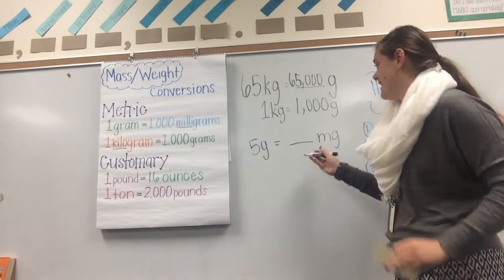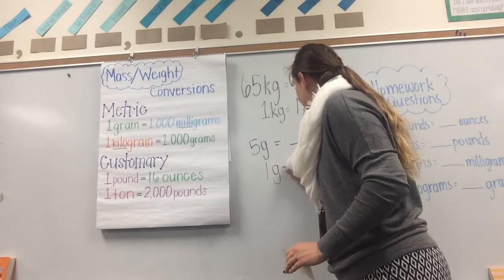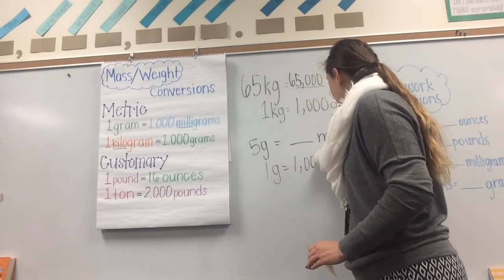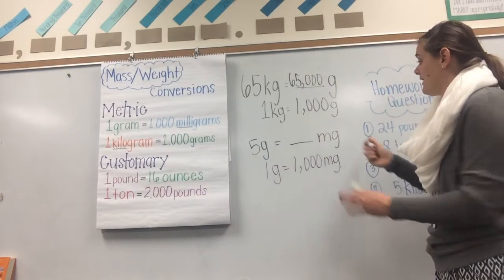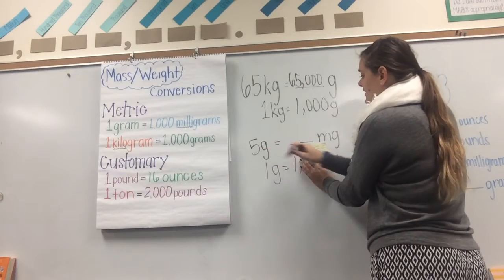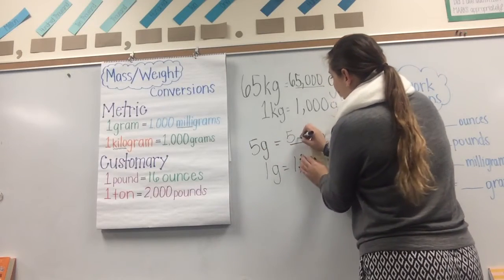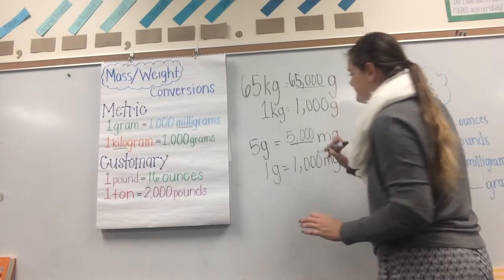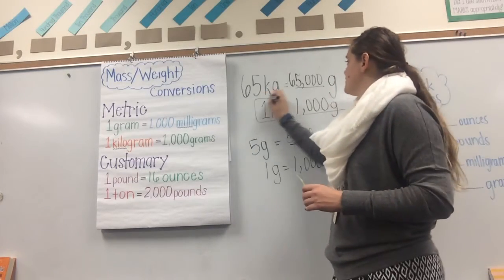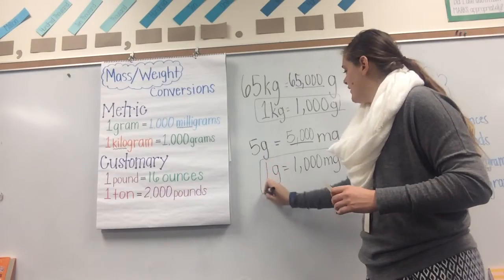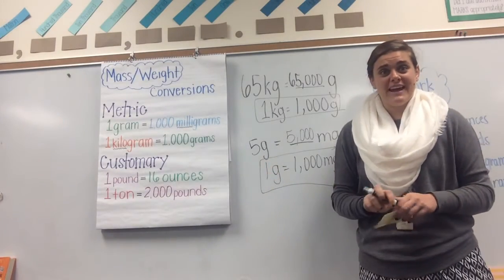Grams is our standard here. So 1 gram equals 1,000 milligrams. So I'm going to use the same strategy as up here. I'm going to cover up these zeros. 5 times 1 is 5. And then I'm going to add the zeros back in. Okay, so you need to make sure that when you're doing problems, again, that you know the conversion equation that helps you solve these problems.